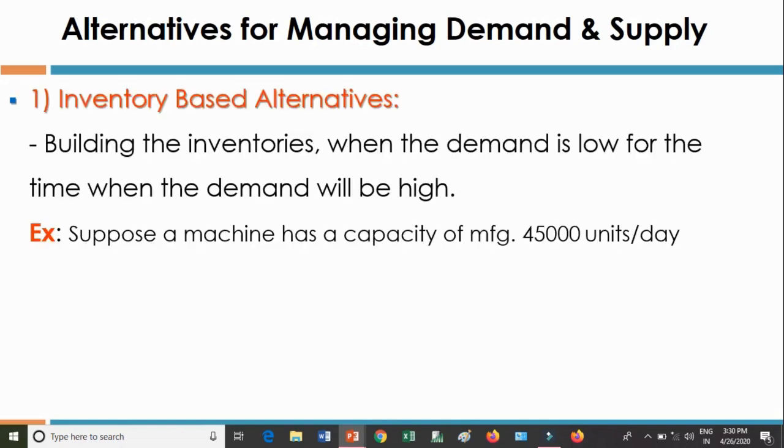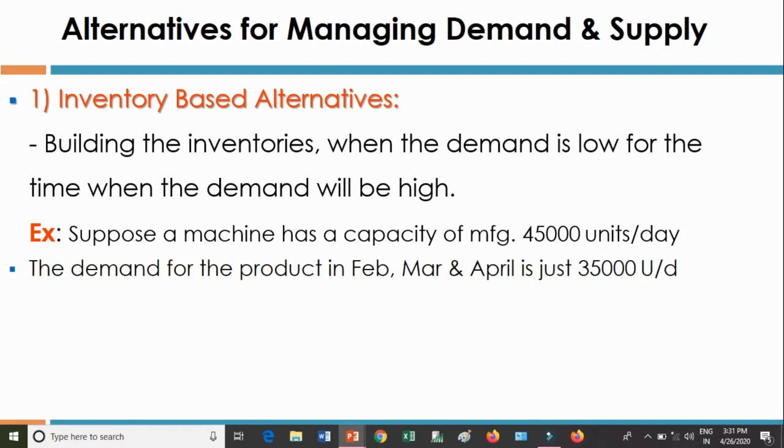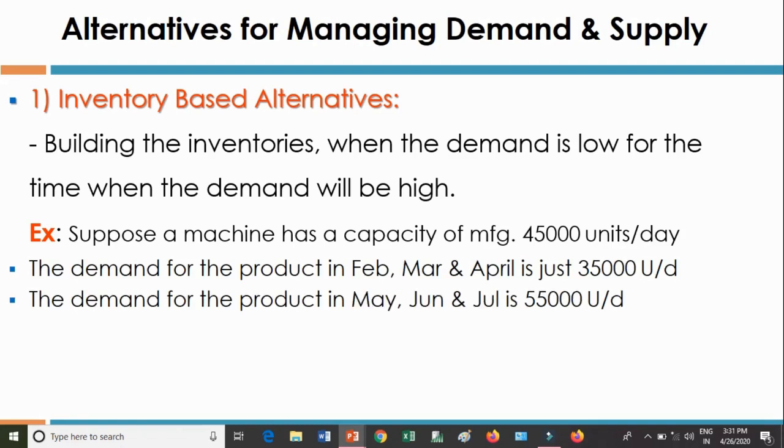In this method, the organization tries to build inventories in the period when the actual demand is low so that they can manage their customers well with the built inventory when there is high demand. Suppose a machine has an actual capacity of manufacturing 45,000 units per day, and demand for that product in the months of February, March and April is just 35,000 units per day, and demand for the same product in the months of May, June and July is 55,000 units per day.